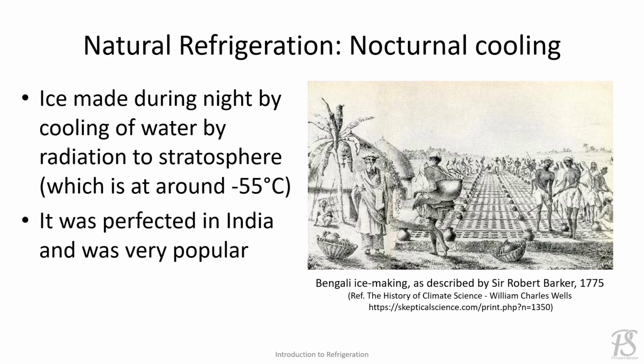Ice can be made during night by cooling of water by radiation to stratosphere, which is at a temperature of around -55 degrees Celsius. This method was perfected in India and was very popular. The figure here shows an illustration of Bengali ice making, as described by Sir Robert Barker in 1775. In this method, ice was made by keeping a thin layer of water in a shallow earthen tray and then exposing the tray to the night sky.